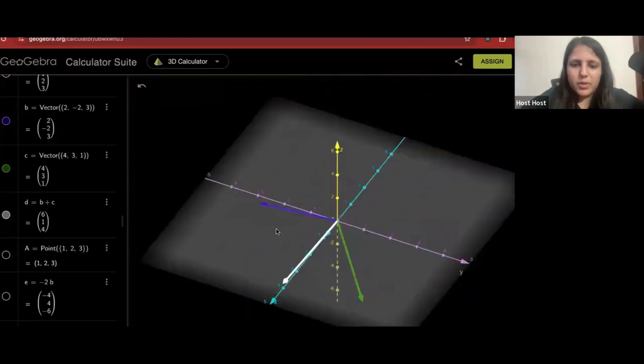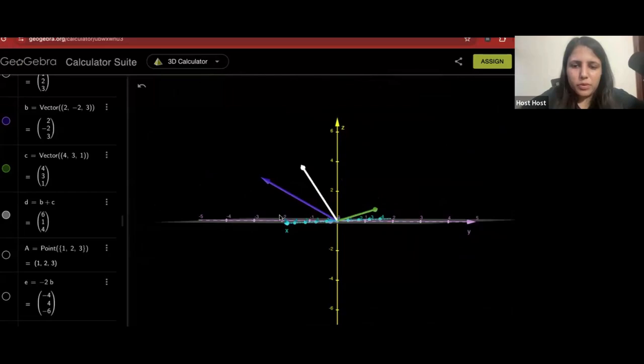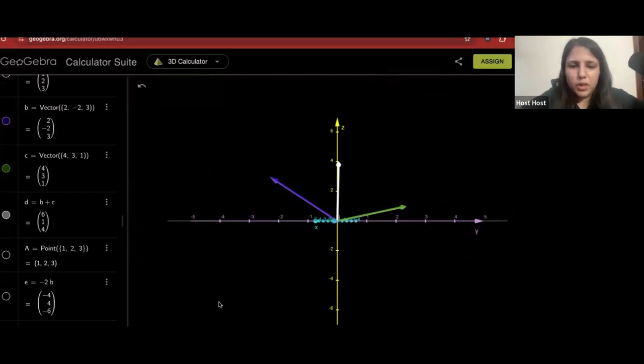And on the z-axis, we can visualize very easily that it comes out to be 4. So this is how we add 2 vectors in a 3D plane.